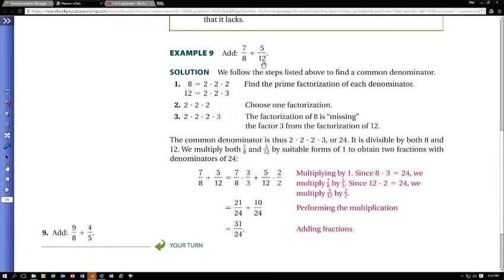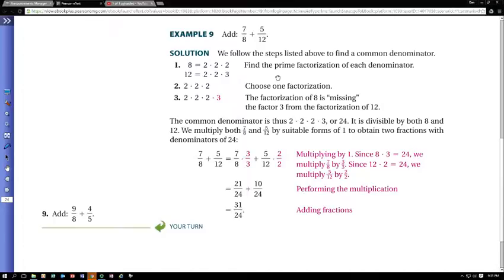But first we have to find out what denominator we are going to use if I have an 8 and a 12. Well, we want to use prime factorization, and we want to find the LCM, the least common multiple. So they prime factor 8 and they prime factor 12. They organize these prime factors over the top of each other, and they only represent the commons once.